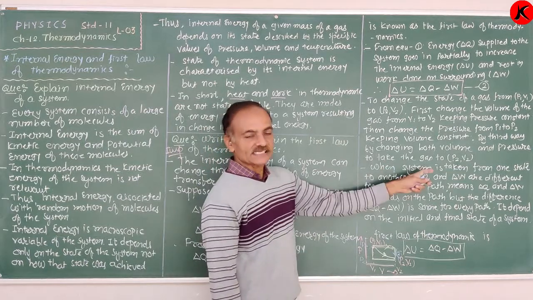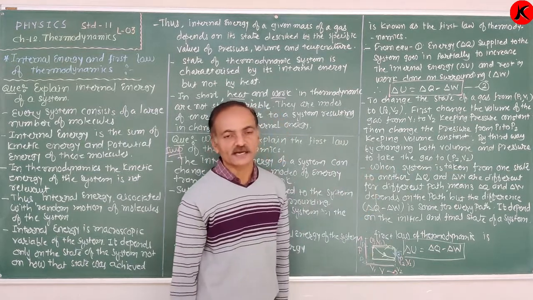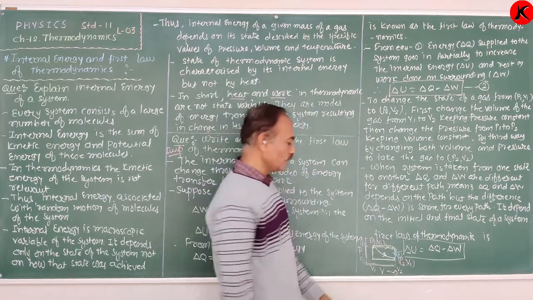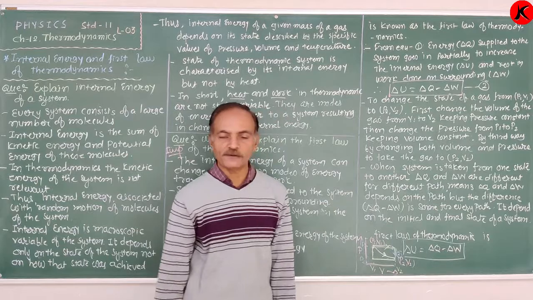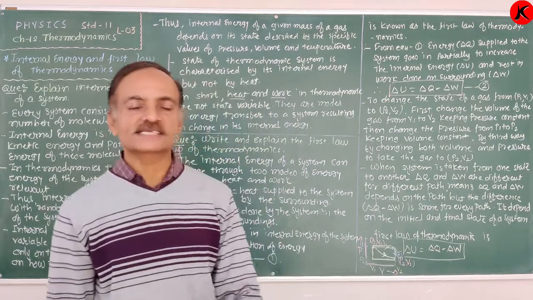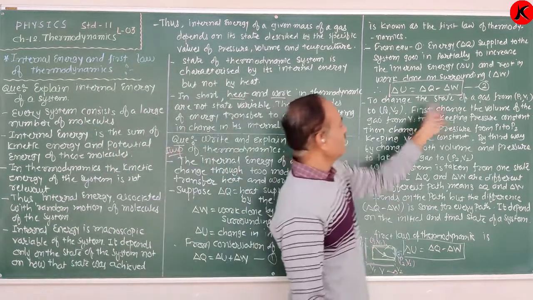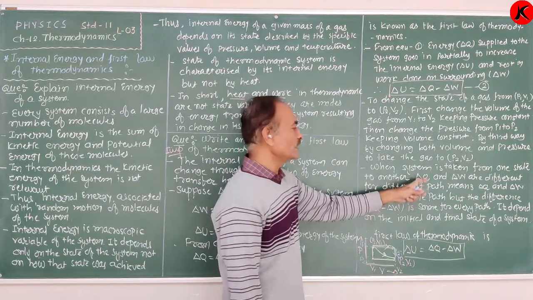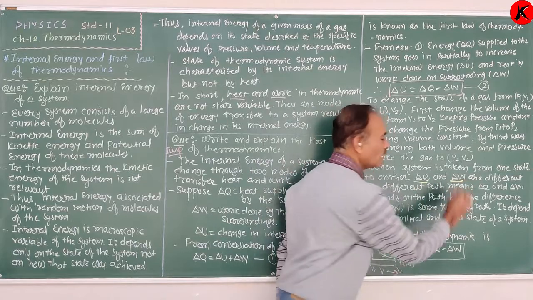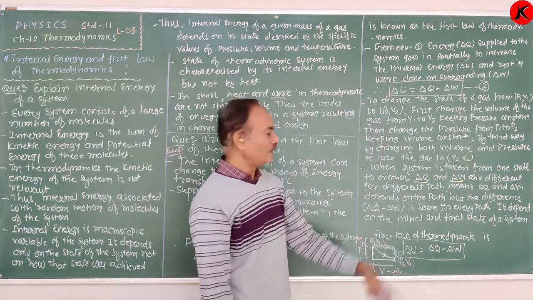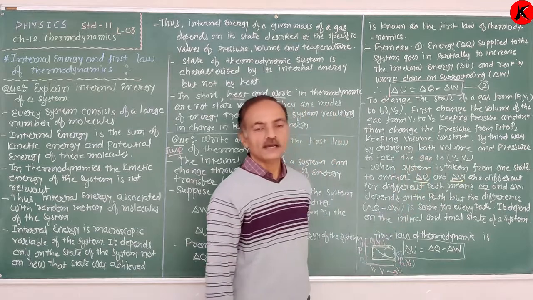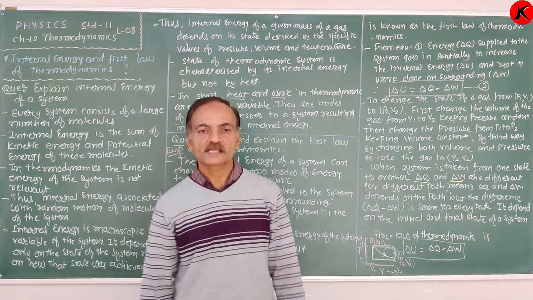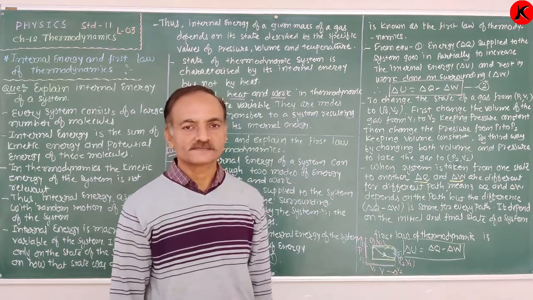When the system is taken from one state to another, delta Q and delta W are different for different paths. Here are three different paths to bring the system from P1 V1 to P2 V2. For these three paths, the values of delta Q and delta W are different. But the difference, delta Q minus delta W, is the same for all the paths.